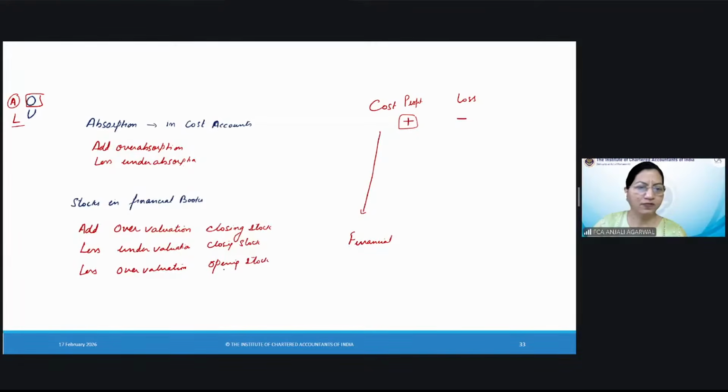And if opening stock's overvaluation is subtracted, opening stock's undervaluation will be added. Logically also, when closing stock is more in financial, profits will be more. So you have to add. But just in case you don't get confused under pressure or in exam time, you can do this.